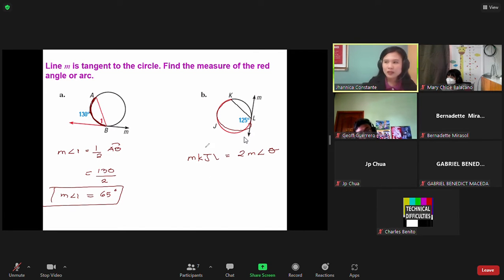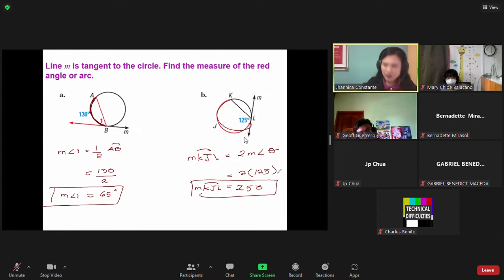So the measurement of our arc KJL is equal to 2 times 125, which is equal to 250. So that's the measurement of our arc MKJL.